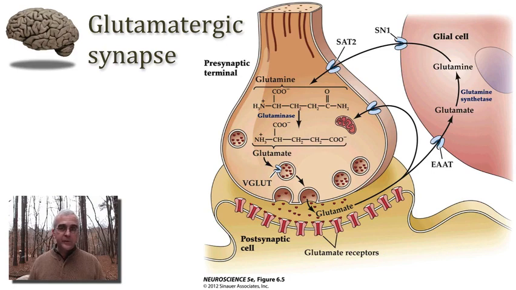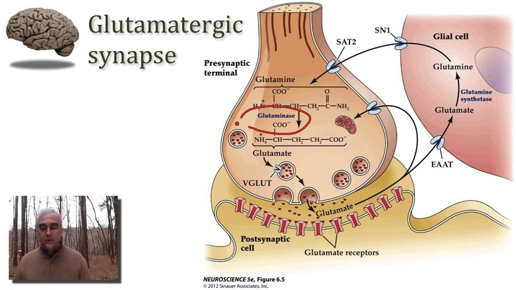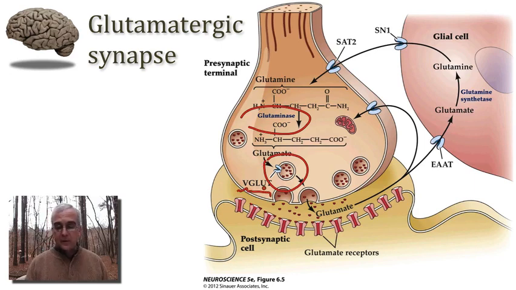In a typical presynaptic terminal, we have an important enzyme called glutaminase, and this enzyme converts glutamine into glutamate. Glutamate is then concentrated in synaptic vesicles, where it's taken into that vesicle via a transporter called the vesicular glutamate uptake transporter, VGLUT for short.